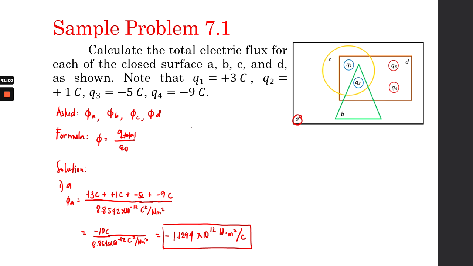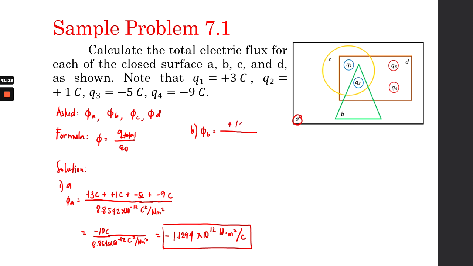And we just have to do the same for B. So the electric flux for B is equal to, what are the charges found inside B? It's only Q2. So Q2 is equal to positive 1 coulomb.